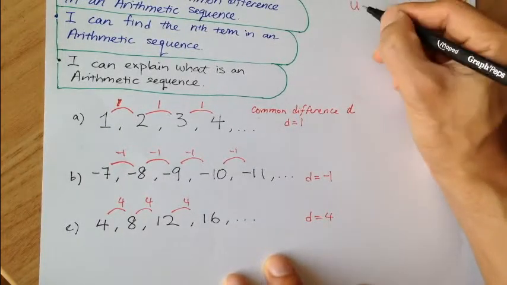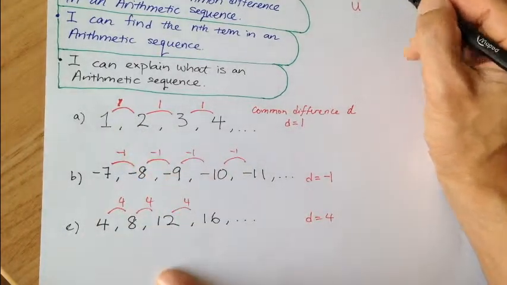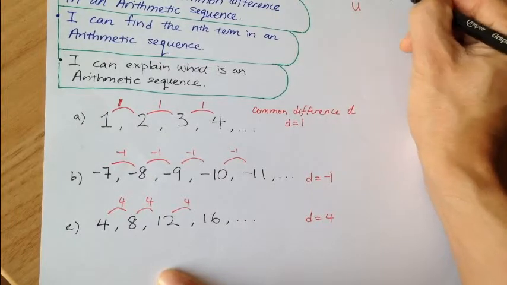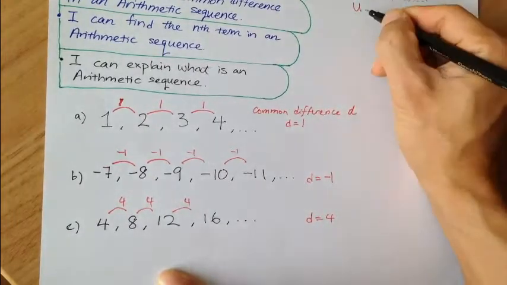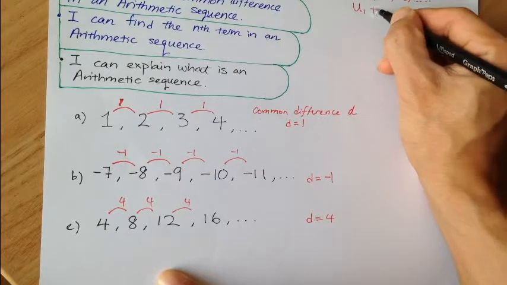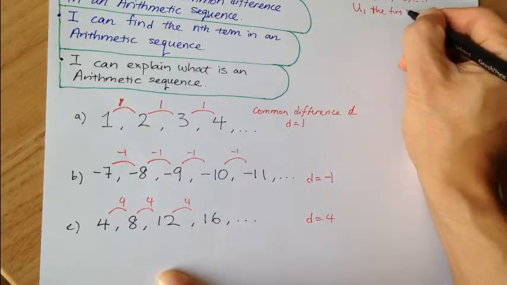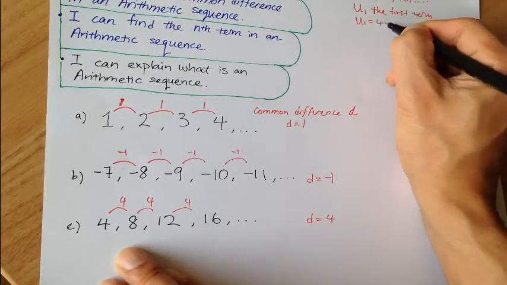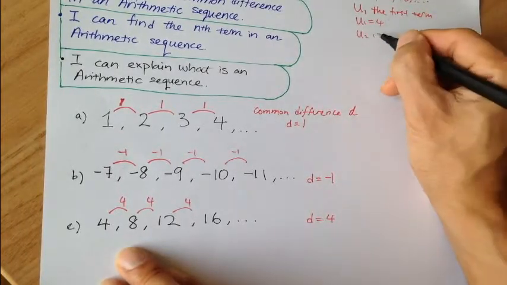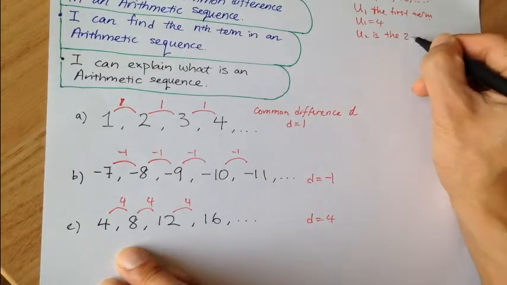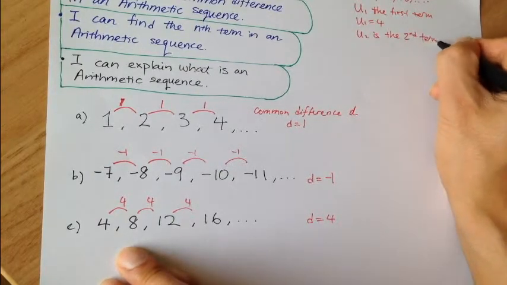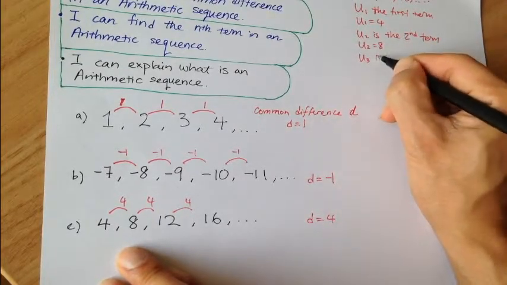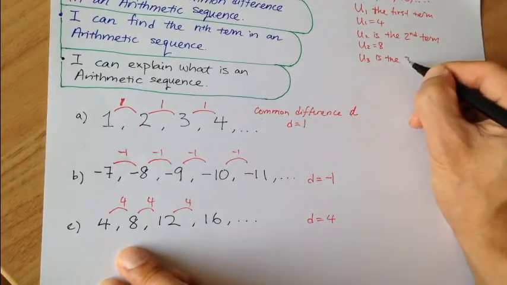Let's say for example, U here, for C: 4, 8, 12, 16, and so on. U1 is called the first term, and in this case U1 is 4. U2 is the second term, and in our example U2 is 8. U3 is called the third term.